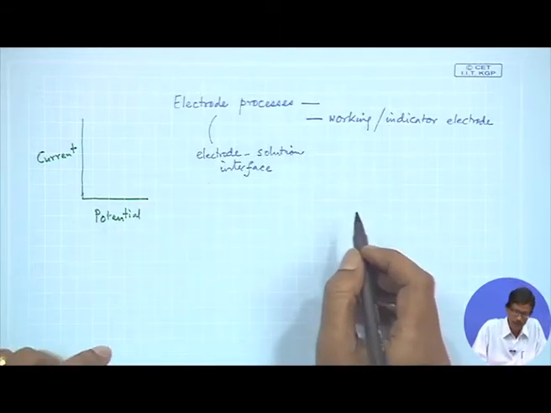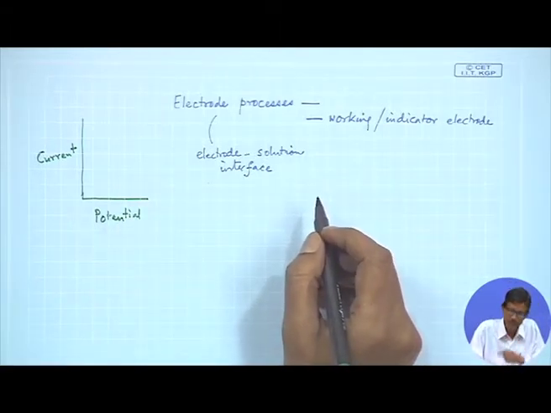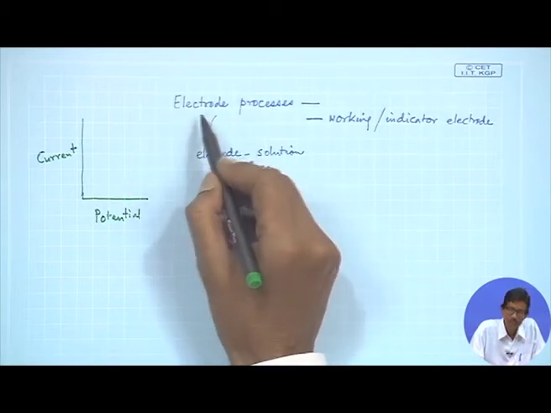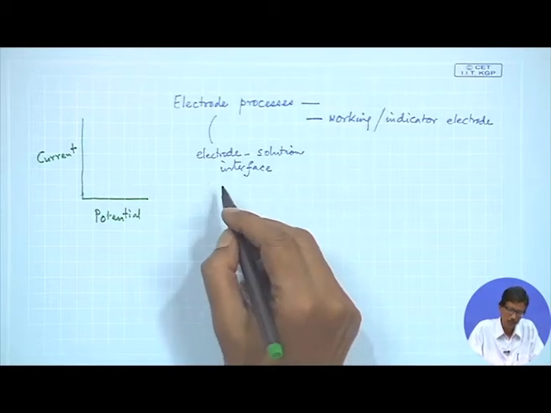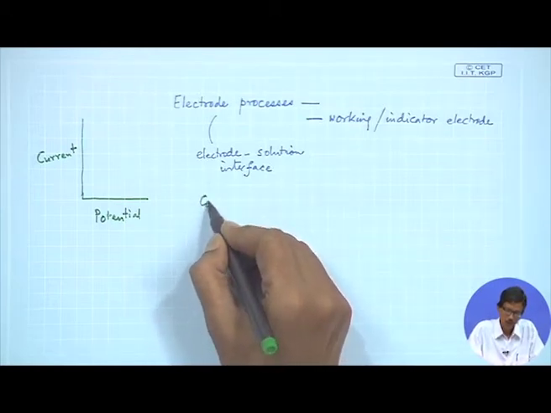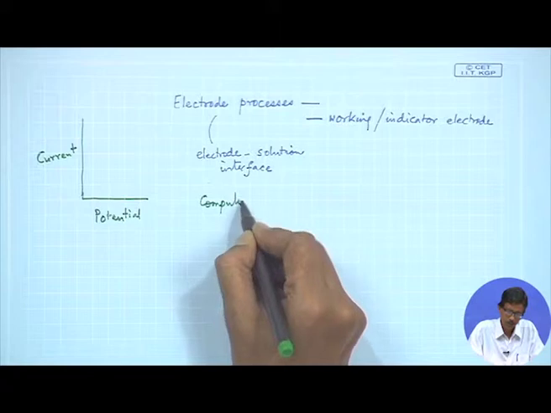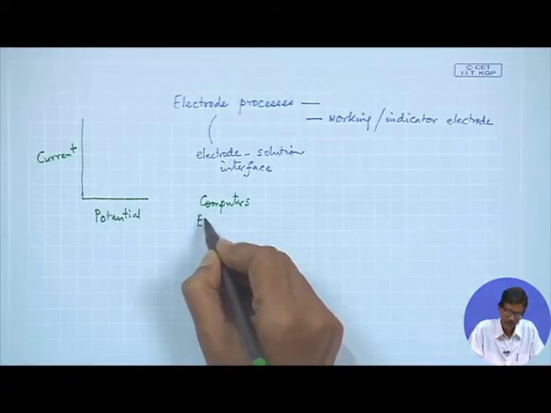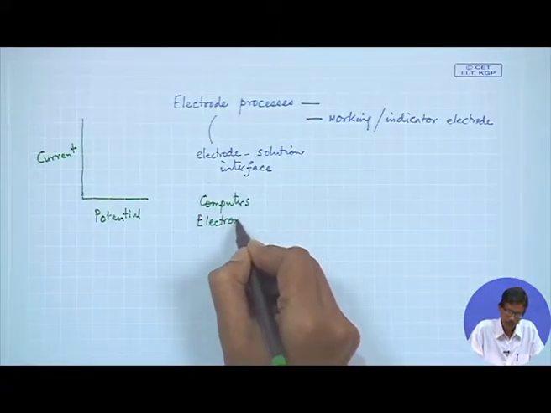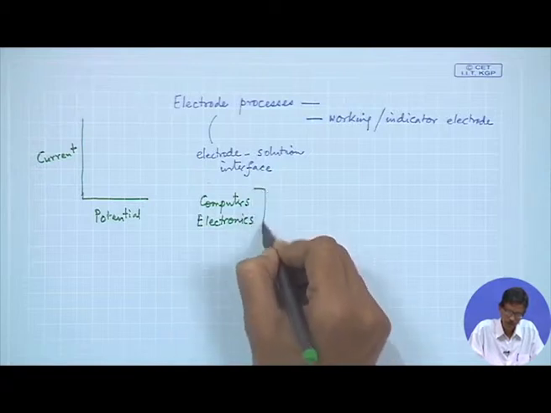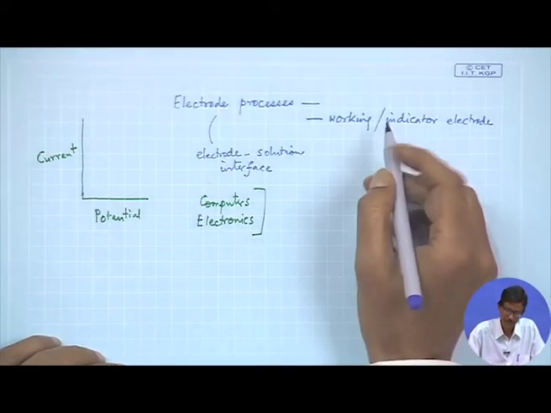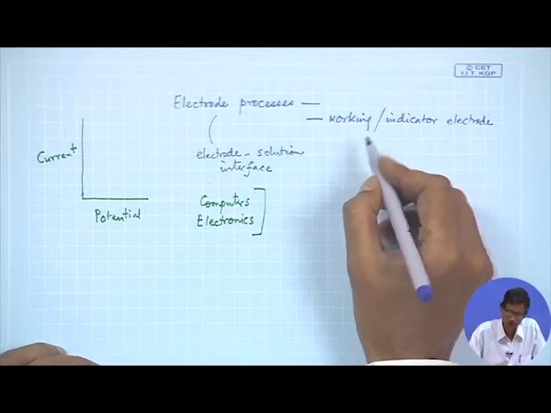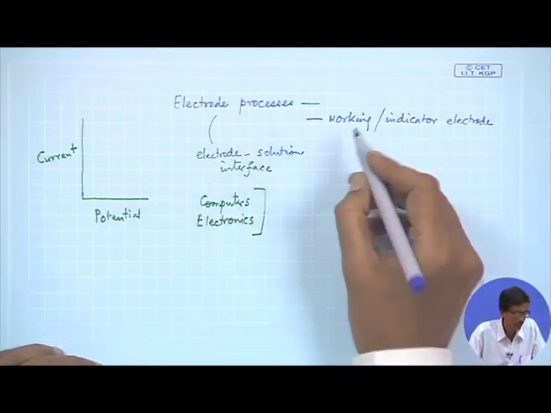The typical development we have achieved so far is due not only to the modification of different electrode types, but also the advent of a new generation of computers and the related electronics, which are very important to improve these electrode processes, and we can have different variations. But the most basic one we are looking for is the potential measurement.